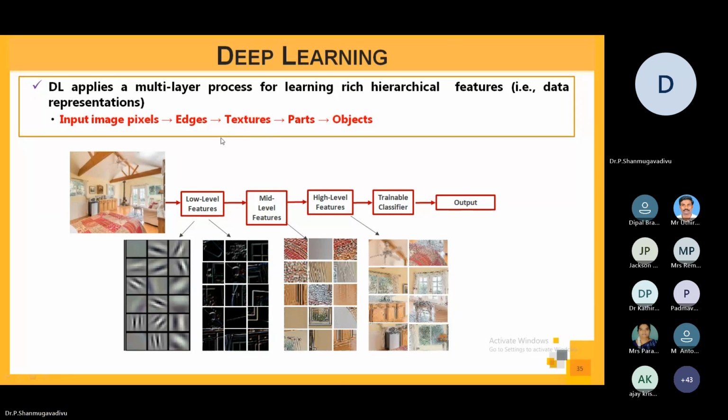A small portion of this image is taken, and we try to learn the low features as we transform it into a bit representation of the image. This has low level features, then this is called a mid level feature, and this is called a high level feature. By combining all these, it will be able to make predictions.